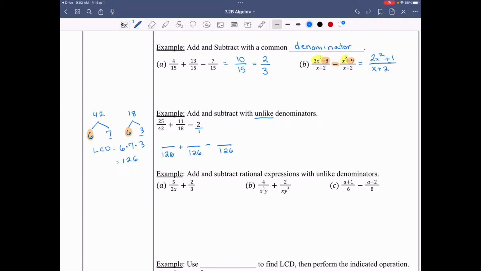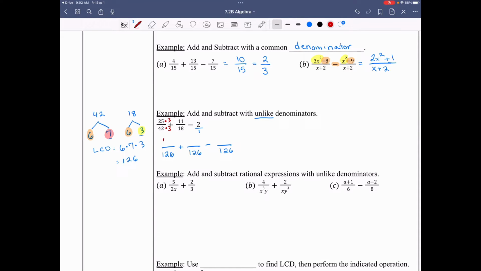Okay. So what would we multiply 42 by to get 126? It's going to be that extra number that we had over here with the 18, right? So the 42 is 6 times 7. If we multiply 6 times 7 times 3, we get 126. So I'm going to multiply this by 3/3.